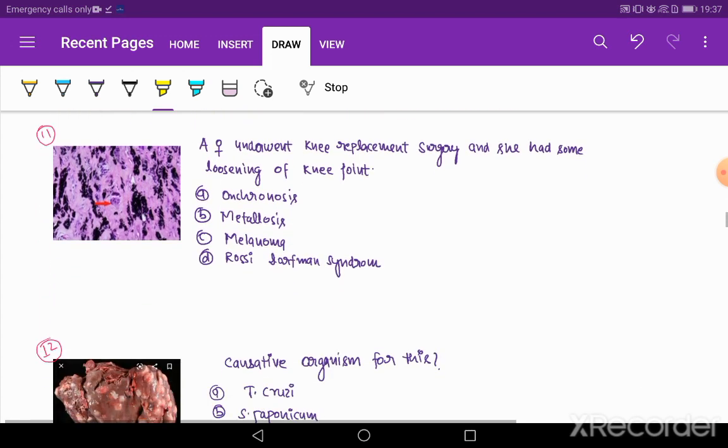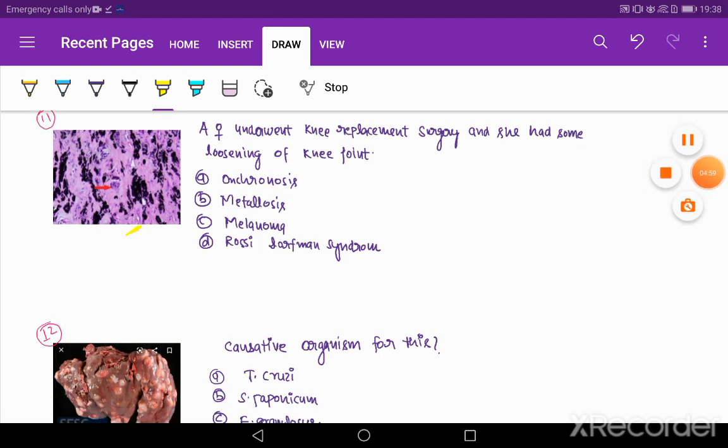Our next question: a female underwent knee replacement surgery and she had some loosening of the knee, and this histological slide is given. What should be the most appropriate answer? The answer is metallosis.